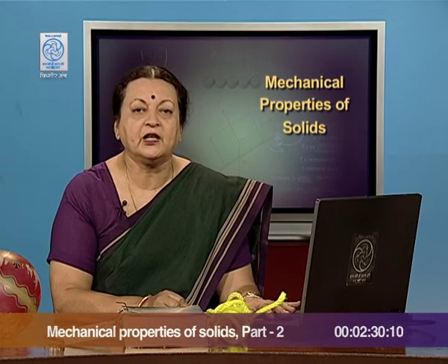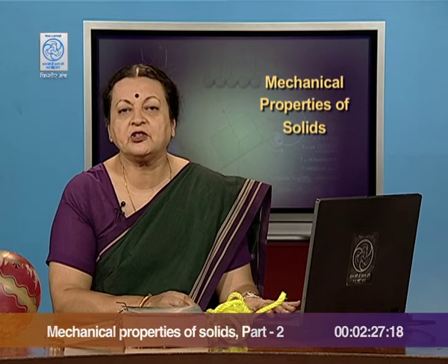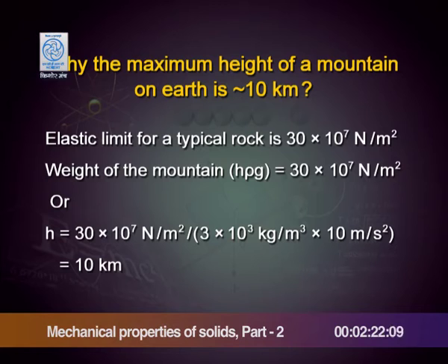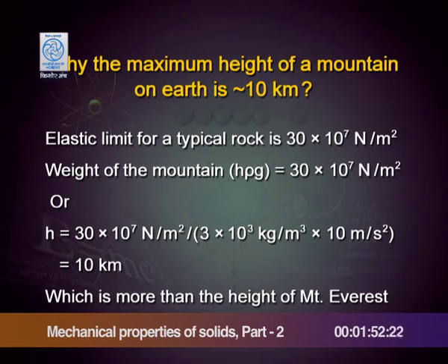So, we will assume that the density of the material of the mountain remains the same, which let us take as 3 into 10 to the power of 3 kg per meter cube, and let us assume that the value for acceleration due to gravity also remains the same and does not vary with the height, which it does. So, with all these assumptions, we can calculate the value of h, and that will be 30 into 10 to the power of 7 Newton per meter square divided by 3 into 10 to the power of 3 into 10, and that will give us approximately 10 kilometers, which is more than the height of Mount Everest.